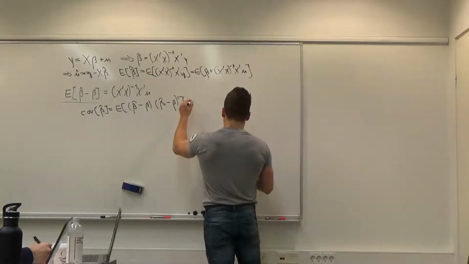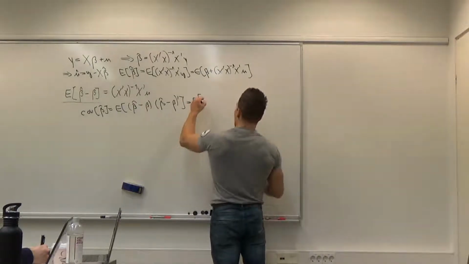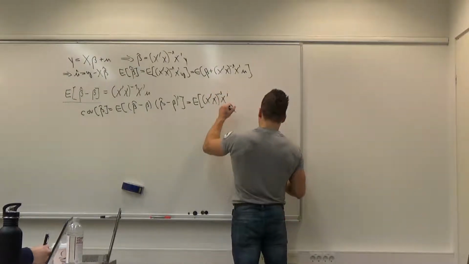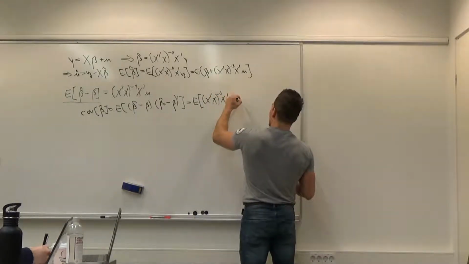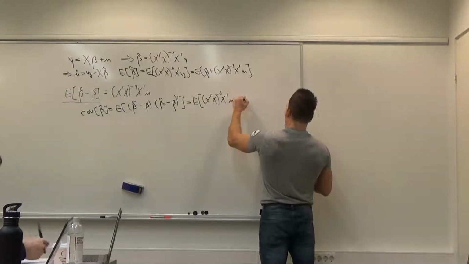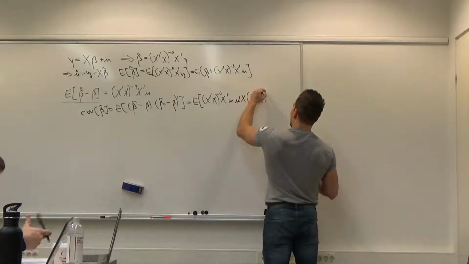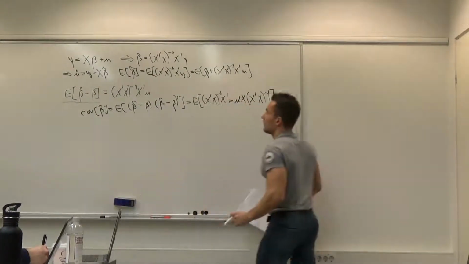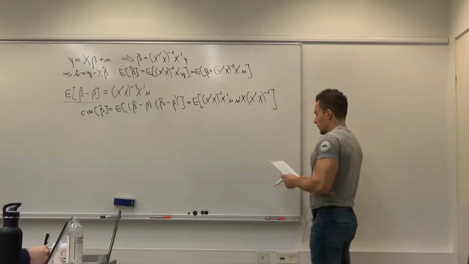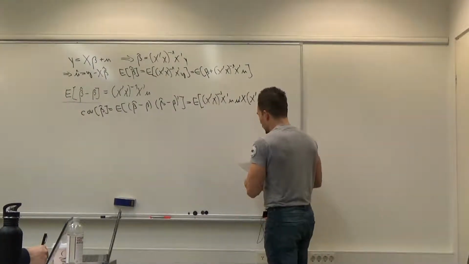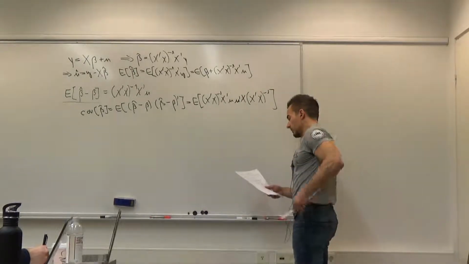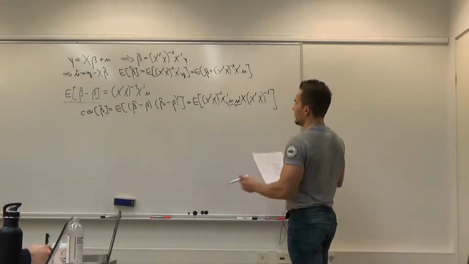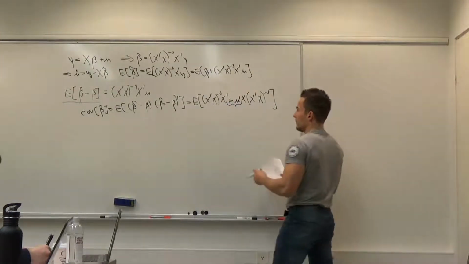What we get then is the expectation of X transposed u, u transposed X. So this is what we have derived already a couple of times in this course. And we knew, with our assumptions holding, that's the random part here in our equation.